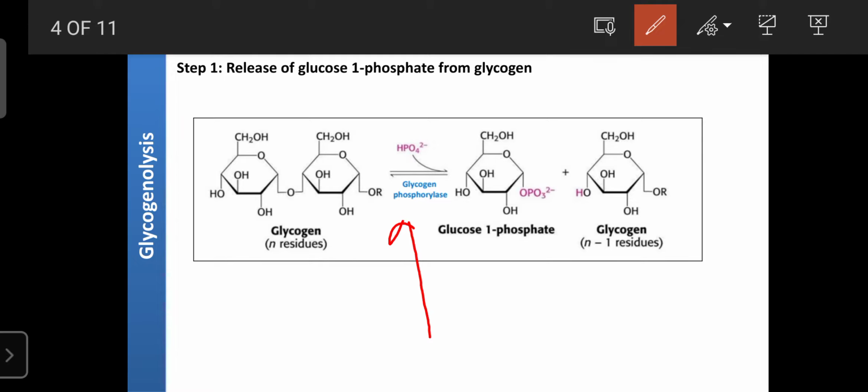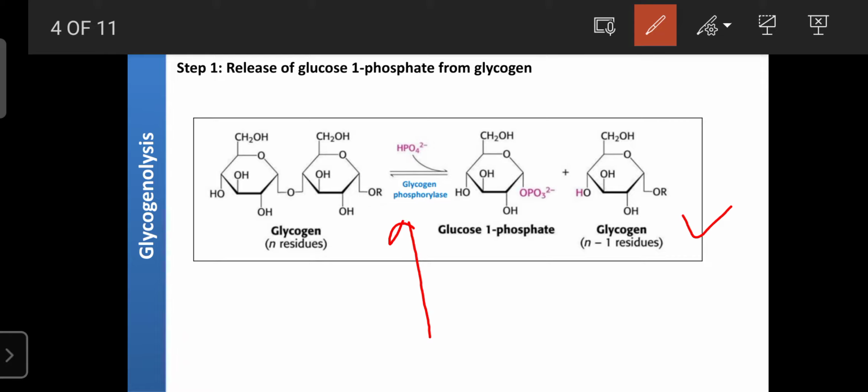This glycogen phosphorylase can break down the glycogen molecule at the alpha 1,4 glycosidic bond and produces glucose 1 phosphate and glycogen with n minus 1 residues. So where two residues were there, only one residue is left.